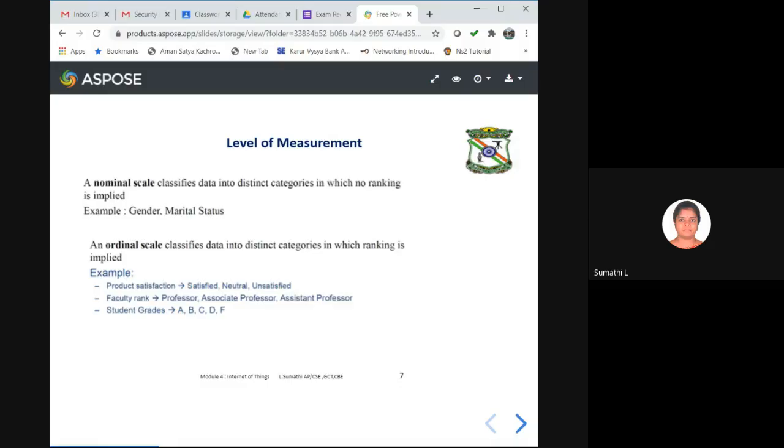If I have a ranking order, then that is a different case. Then I call it ordinal, right? If I don't have any ranking, then that is nominal. If I have ranking, then that is your ordinal, right?